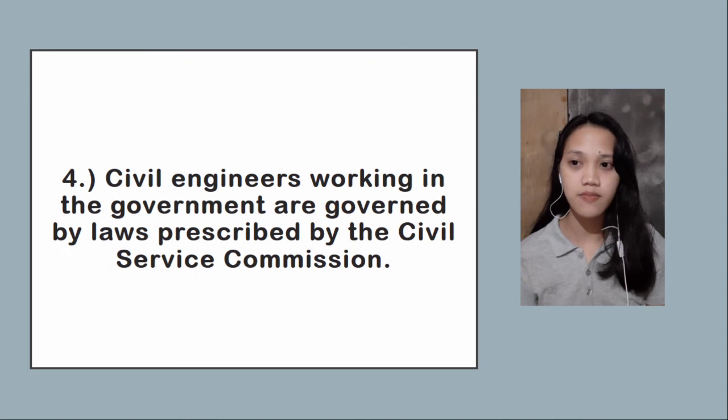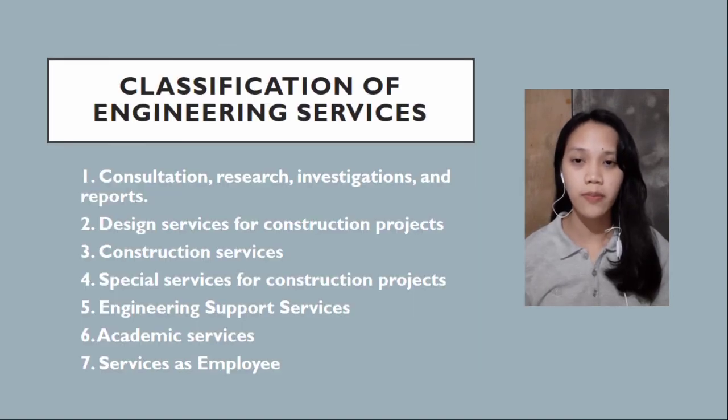And lastly, civil engineers working in the government are governed by laws prescribed by the Civil Service Commission. Again, the topic is all about the classification of engineering services. And services provided by civil engineers can be grouped into 7 categories. Number 1, consultations, research, investigations, and reports.